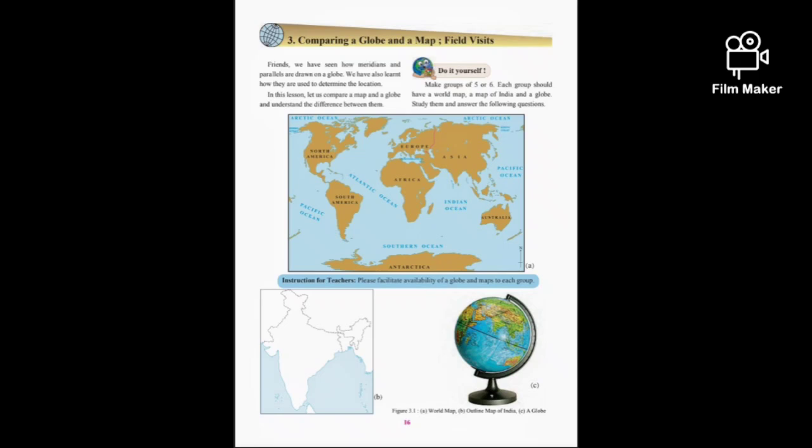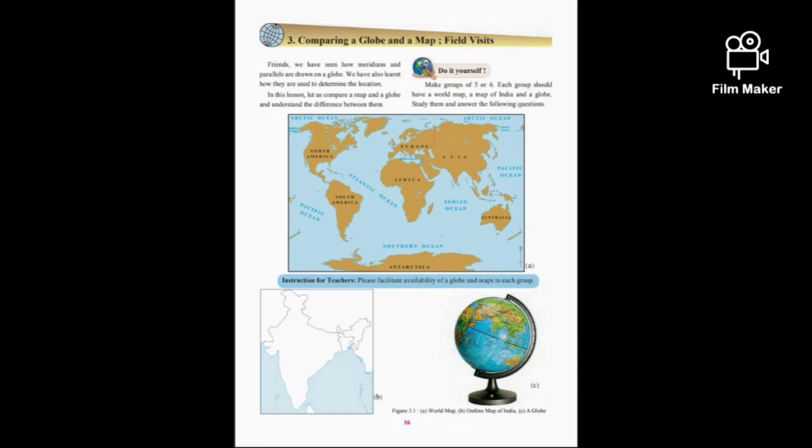There are different types of maps, like a world map, then a map of a country, different countries like India or Pakistan, China. If you want to study the different regions in a particular country, suppose India, the different states in India, for instance Maharashtra, you have a map of Maharashtra.